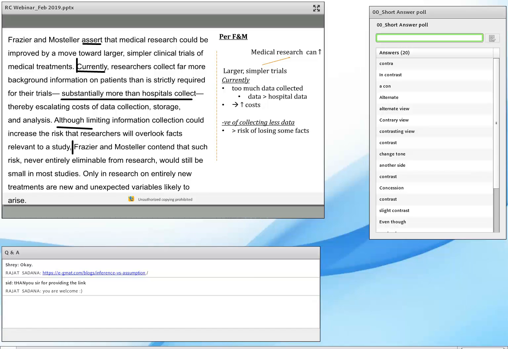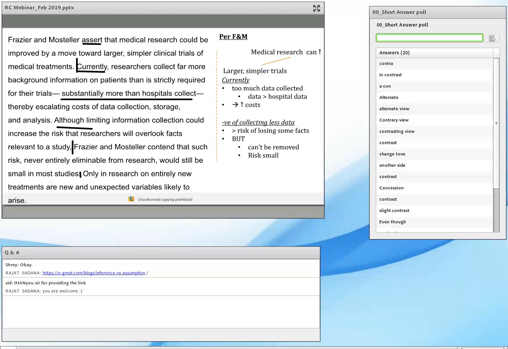FNM contend, again, this is not the author's view, that such risk can't be completely eliminated from research and would still be small in some studies. So you list that down and say the risk can't be completely removed, it's a very small risk, and that's a contention of FNM.